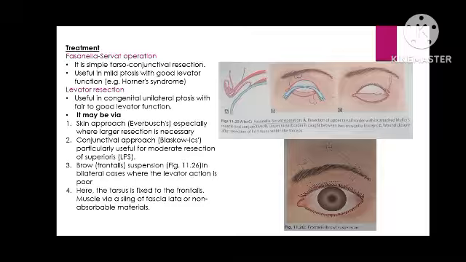The amount of excursion of the upper lid margin is then measured with a ruler. 2 mm of movement is contributed by the superior rectus muscle. A normal value of 8 mm or more is good, 5 to 7 mm is fair, and 4 mm or less is very poor levator function.